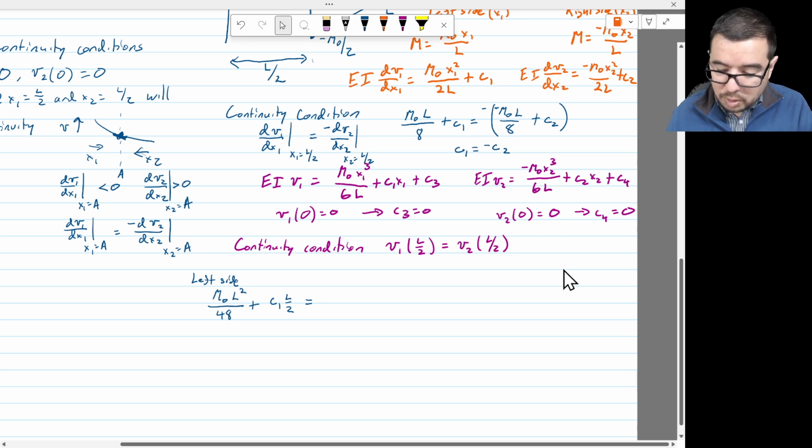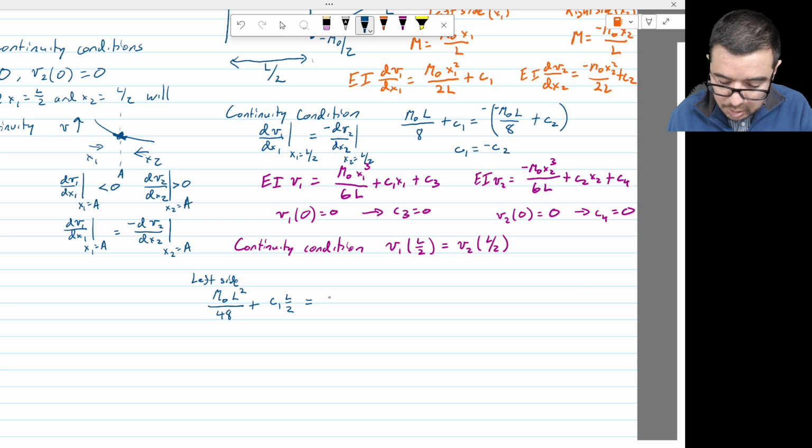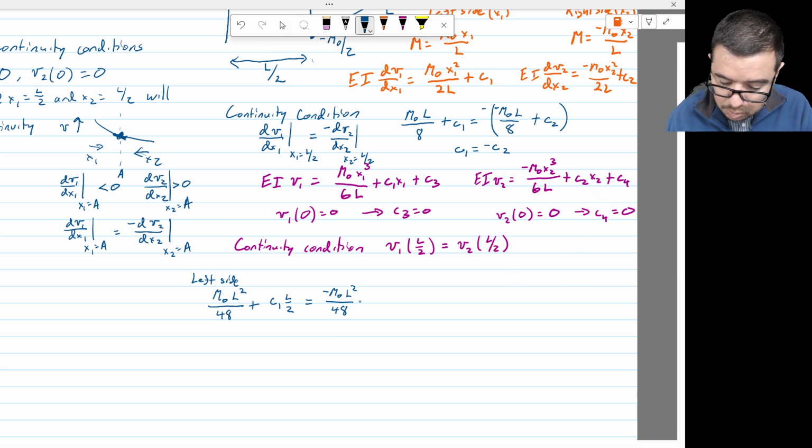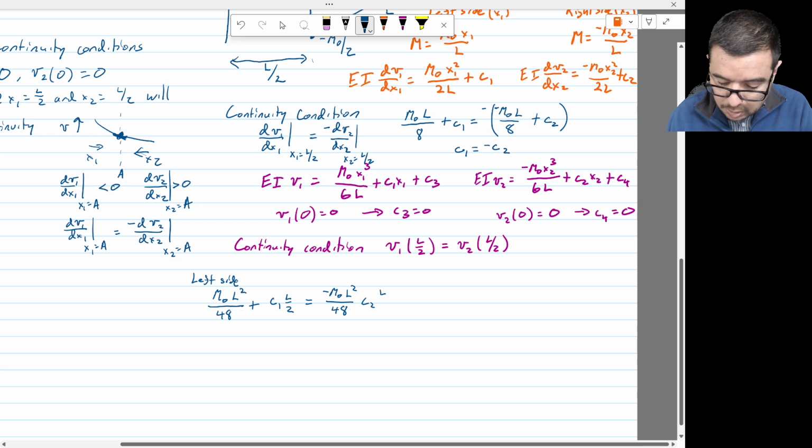So at L over 2, we have a minus m naught, once again L squared over 48, and then we have a C2 times X2, so that's going to be C2, just like that.